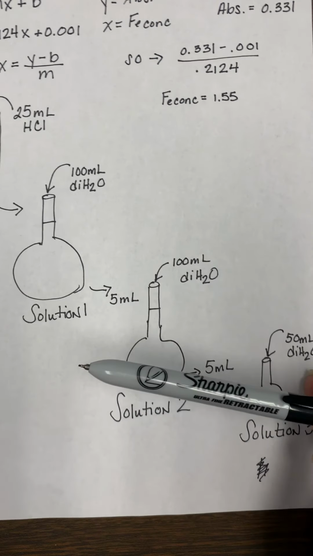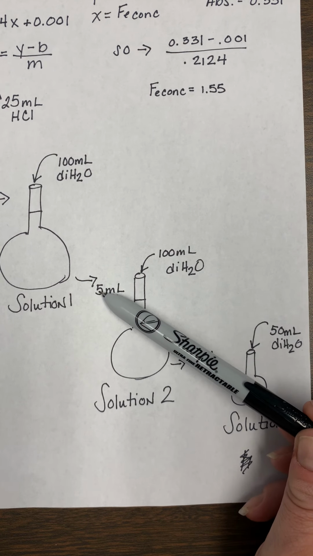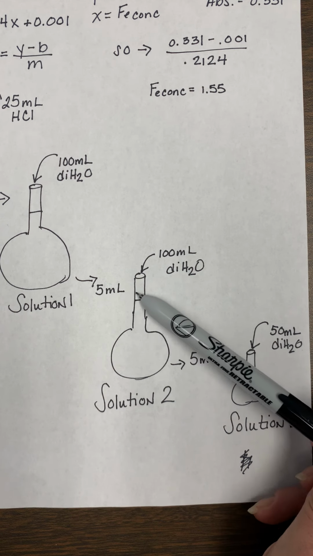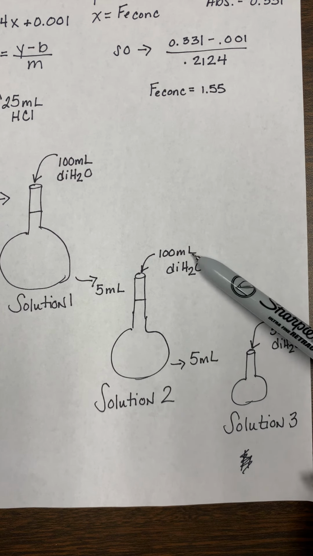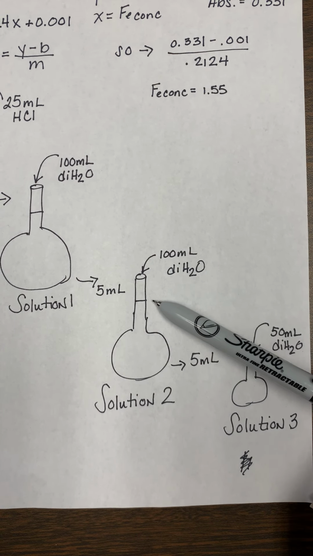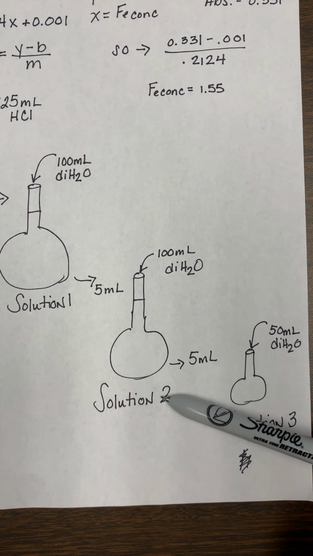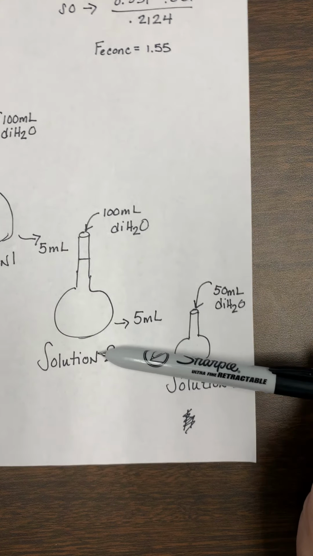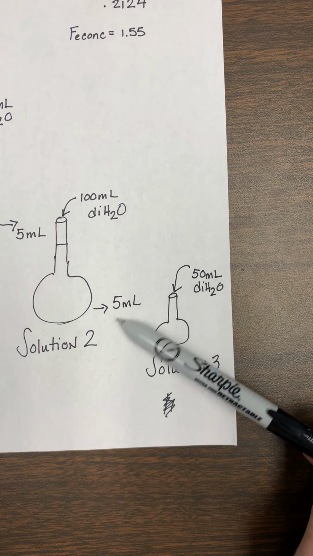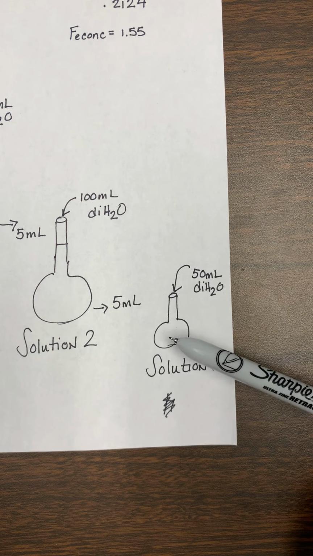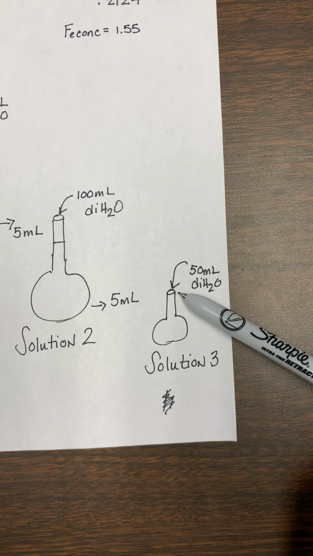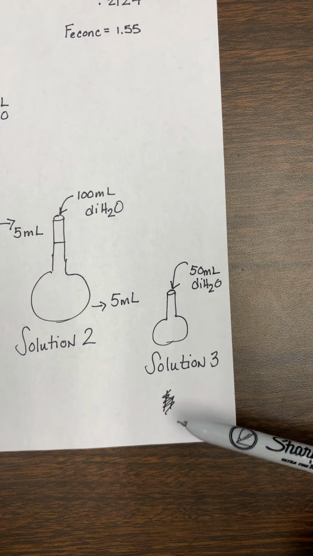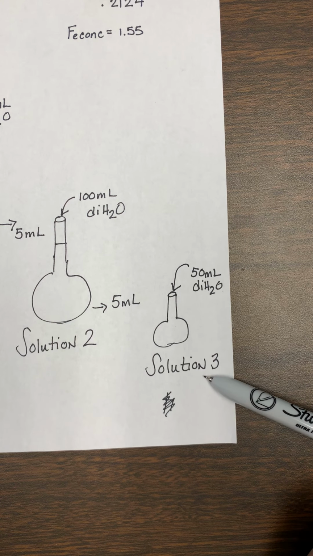From there, you would take 5 milliliters of solution 1, put it into another flask, dilute that to 100 milliliters, and that becomes solution 2. Then you would take another 5 milliliters of solution 2, put that into a flask and dilute that to 50 milliliters, and that would become solution 3.